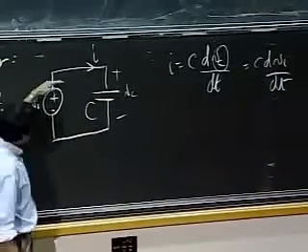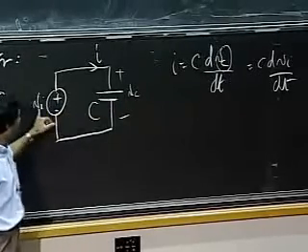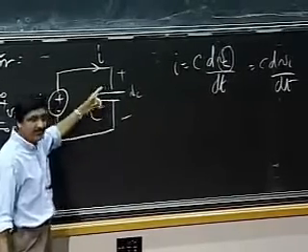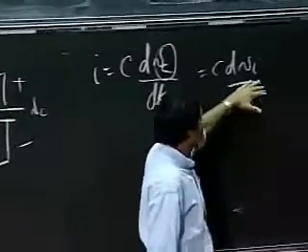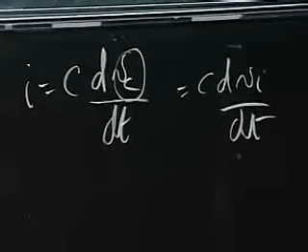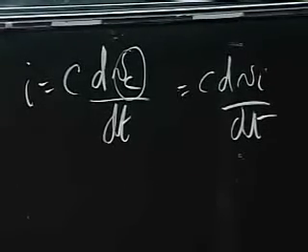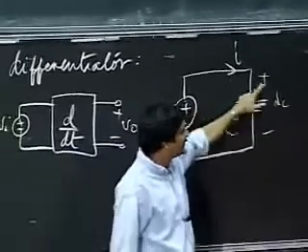So if I can stick a voltage across a capacitor, like if my input voltage is stuck across a capacitor, then the resulting current relates to dVi by dt. So here we have the opposite problem. By doing this simple trick, I can obtain a current that has the right form.